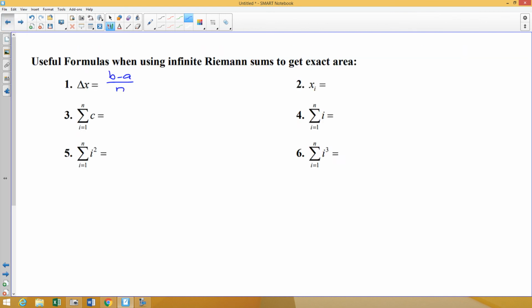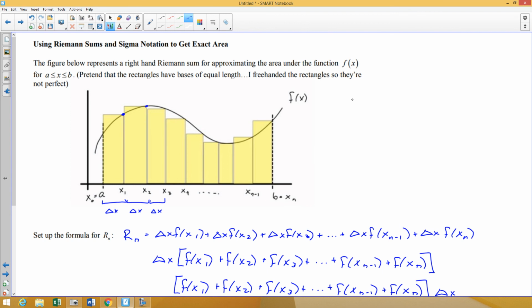And then x sub i, to get that specific x coordinate, if we go back, there we go. So if I want to know what x sub 1 is, if I started at my initial value of a and I moved to the right 1 delta x, so a plus 1 delta x would give me x sub 1. If I wanted x sub 2, I would start at my initial value and I would move to the right 2 delta x's.